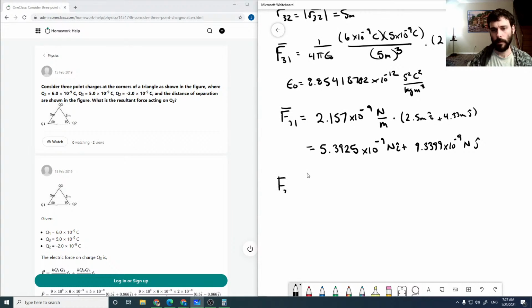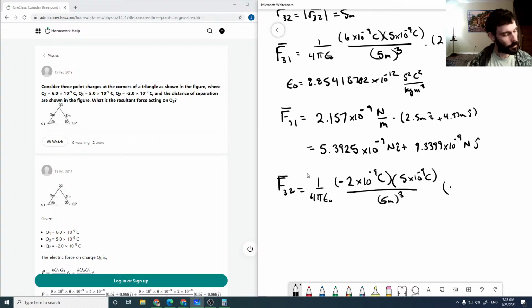Our F32 is then going to be 1 over 4 pi epsilon naught. Our charge on 2, so minus 2 times 10 to the minus 9 coulombs, 5 times 10 to the minus 9 coulombs, over our 5 meters cubed, times our minus 2.5 meters i hat plus our 4.33 meters j hat.